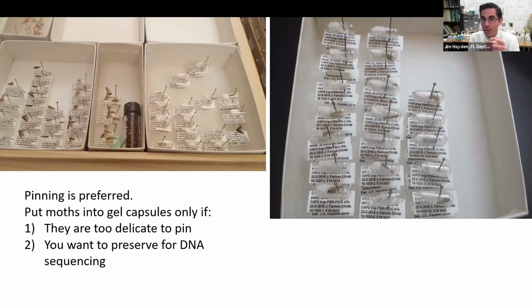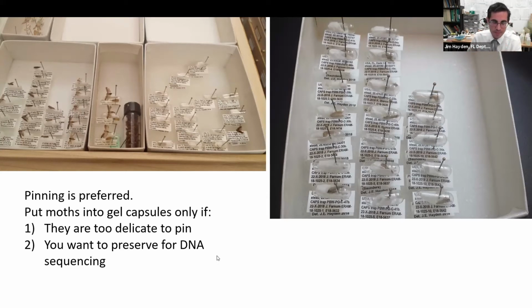But it's probably going to be delicate. Many of you might have good pinning skills, but it's going to be fragmented. So put it into one of these gel capsules and then stick that onto a pin. Thereby, you have kept the body. Other people can take it out of that and examine it.